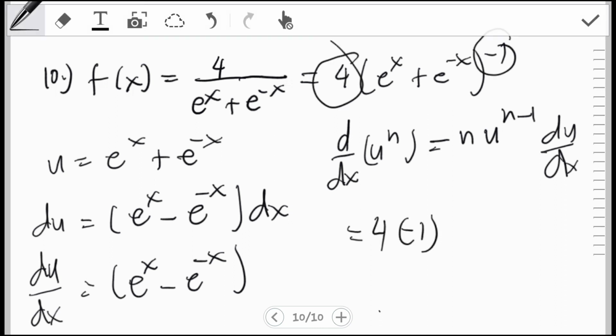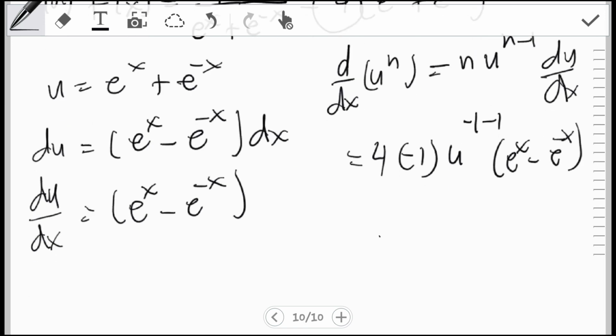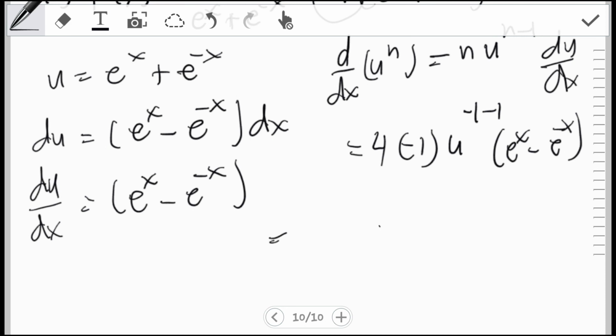We write for here the constant 4. Okay, so u to the power negative 1 minus 1, then where du over dx, that is e to the power x minus e to the power negative x. Okay, then equals negative 4, then u to the power negative 2, times the quantity of e to the power x minus e to the power negative x.